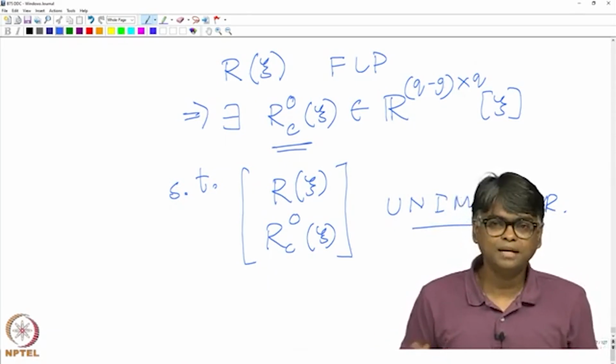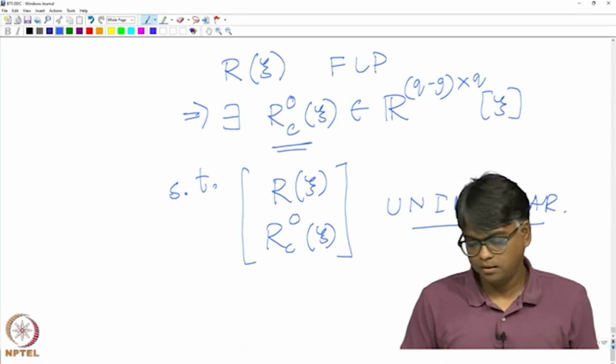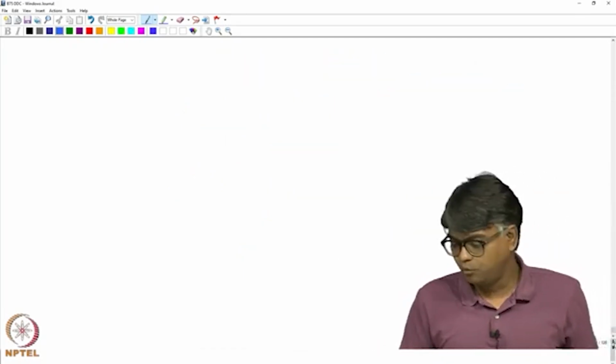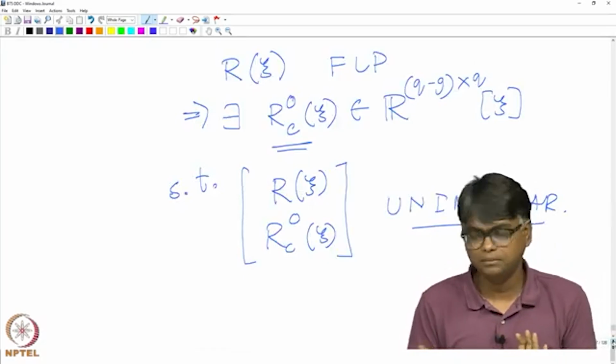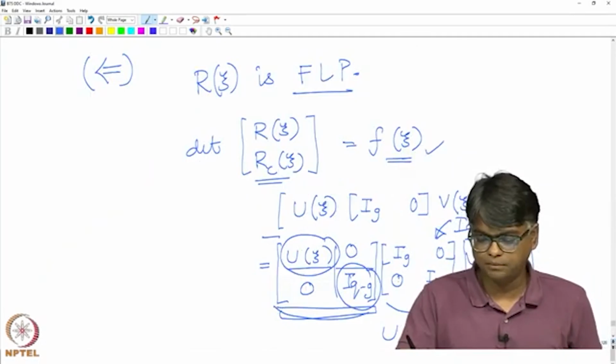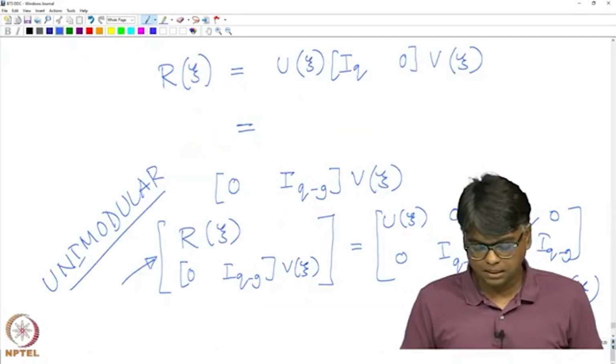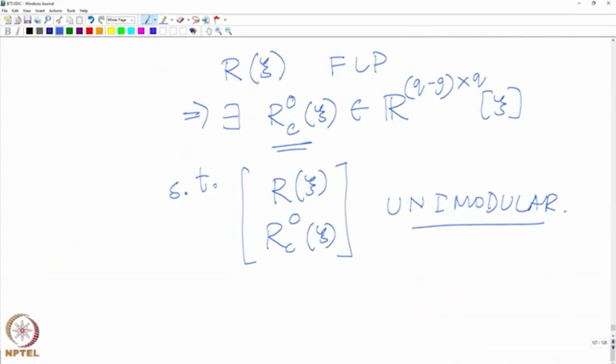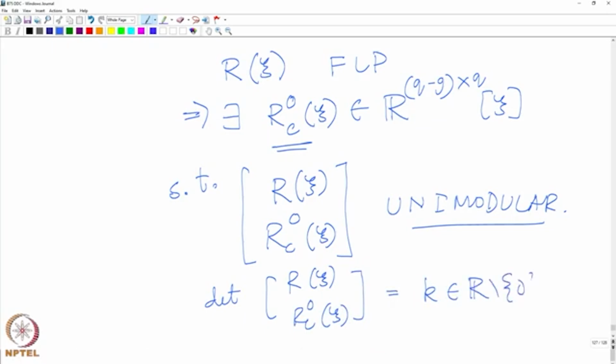Okay? Now here comes the trick. My goal was to place the poles arbitrarily, so that the determinant of this was the given polynomial. But now instead what I have obtained is a situation where the determinant is a non-zero constant. The determinant of R xi, RC0 xi is equal to a constant k, which is a non-zero real number.